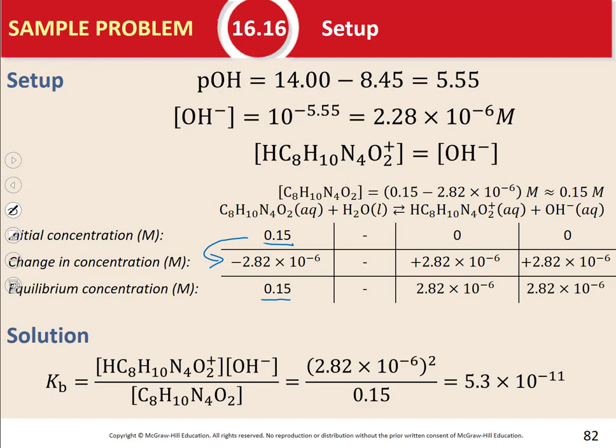If you plug into your calculator 0.15 minus 2.82 times 10 to the negative 6, you will get 0.149997, which rounds to 0.15, which means that this has a very low percent ionization. If we were doing this reaction forward and finding x, it would have been a very good assumption to assume that x is small, and we can ignore that minus x.